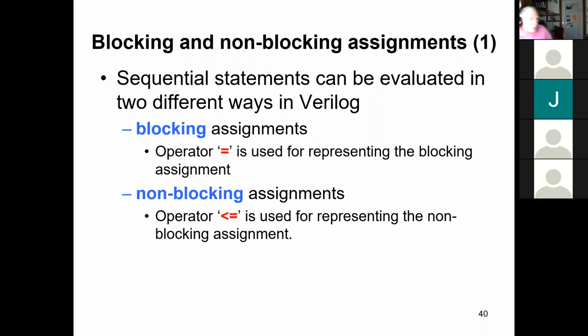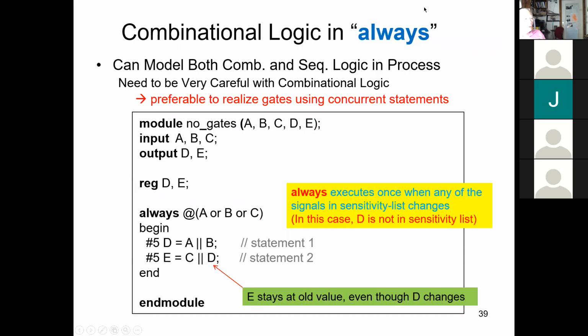So when they're in always blocks or initial blocks, if we use the equal operator, it is considered a blocking assignment. And if we use the less than equal sign, it is a non-blocking assignment. Now, just as a good rule of thumb, but sometimes there are exceptions, whenever you use an always block with the intent to result in combinational logic, you should always use the regular equal sign.